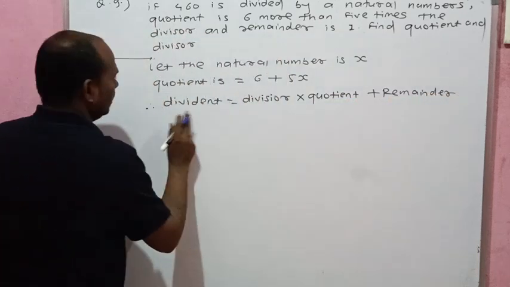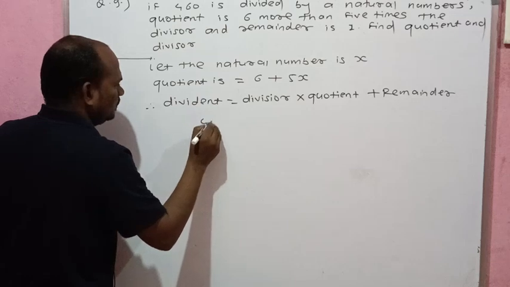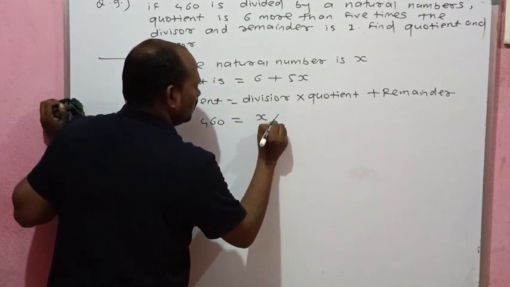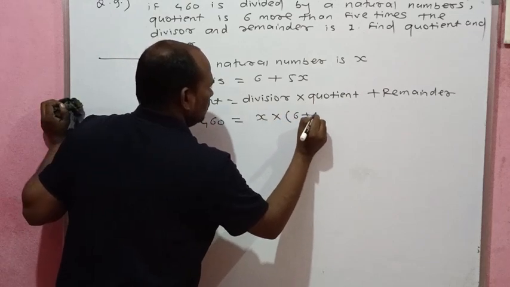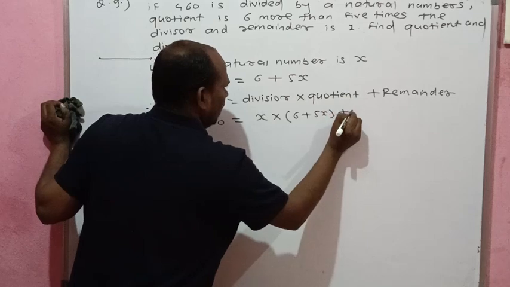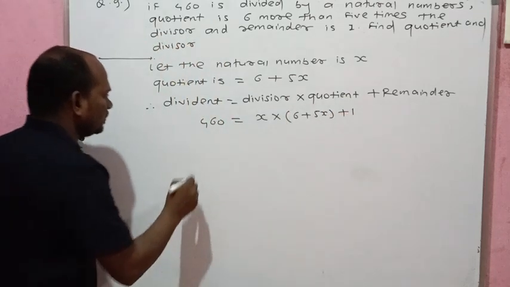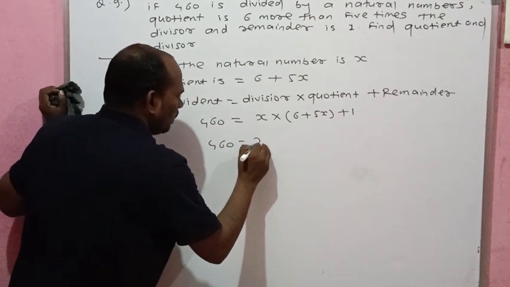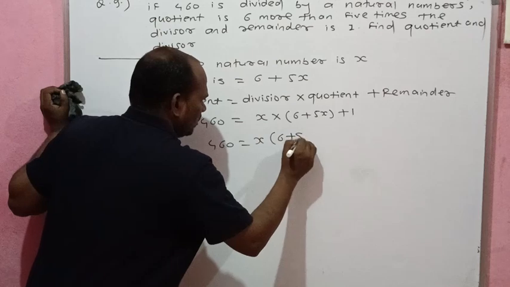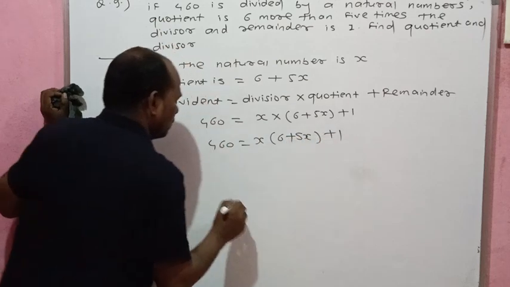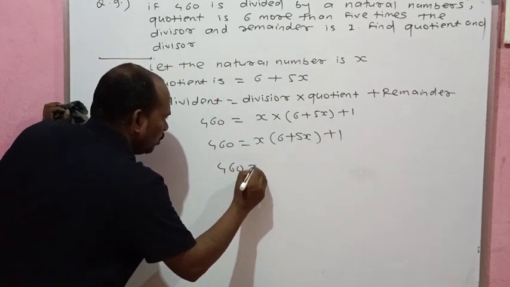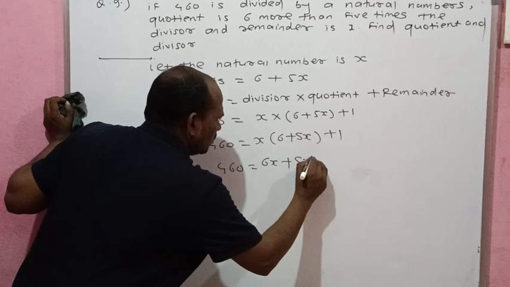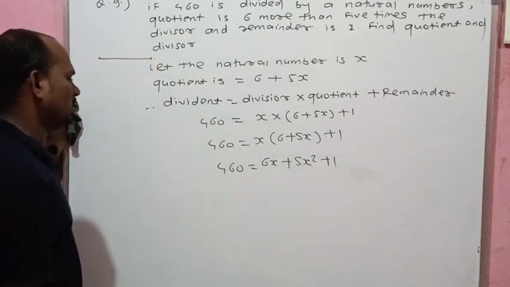Now the dividend is 460, the divisor is x, the quotient is 6 plus 5x, and the remainder is 1. That is 460 equal to x bracket 6 plus 5x plus 1. That is 460 equal to 6x plus 5x square plus 1.